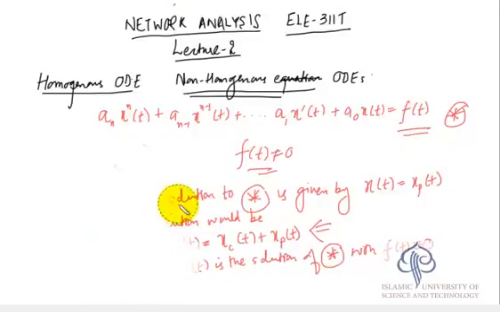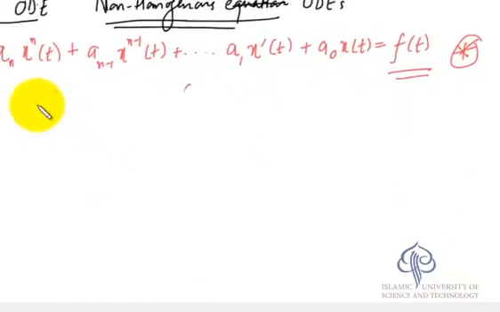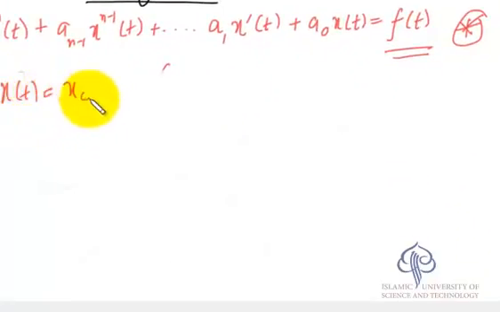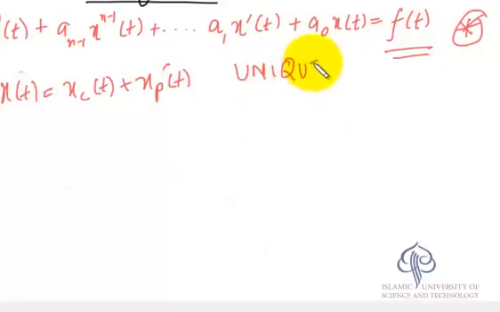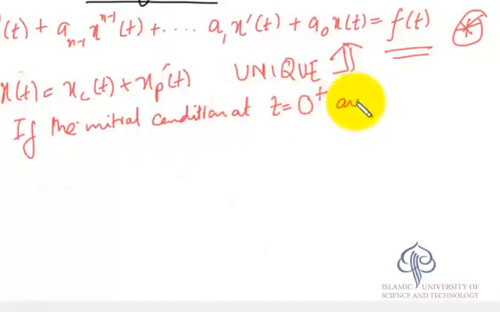By a theorem in mathematics which is called the Uniqueness Theorem, it is proven that x(t) equal to x_c(t) plus x_p(t) is also the unique solution to this non-homogeneous equation, if the initial conditions at t equal to 0 plus are satisfied.